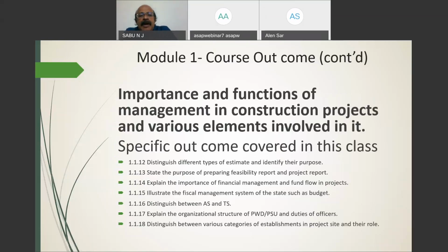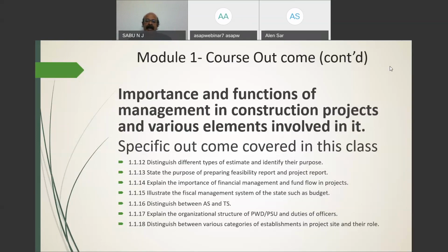Today we will discuss, as a part of module 1 and the same course outcome, the importance and functions of management in a construction project and the various elements involved in it. The specific outcome in today's class is the various types of estimates.